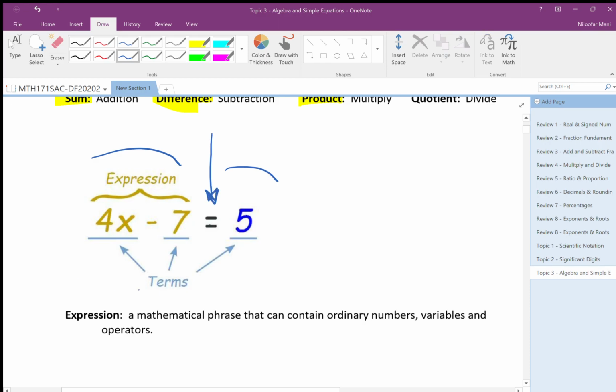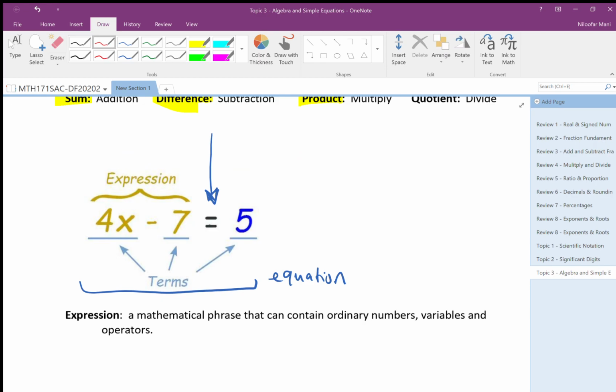So I have an equation, which is here, one equation. I accept that this equation has an expression here and an expression here, and each expression is made by several terms, and these terms are separated from each other by plus and minus.